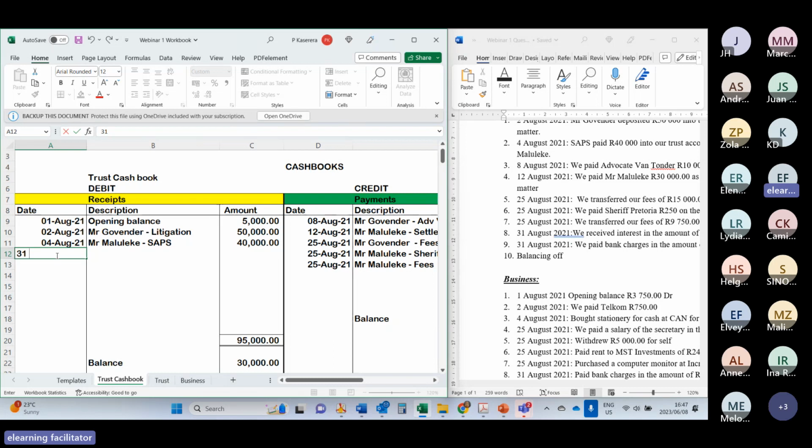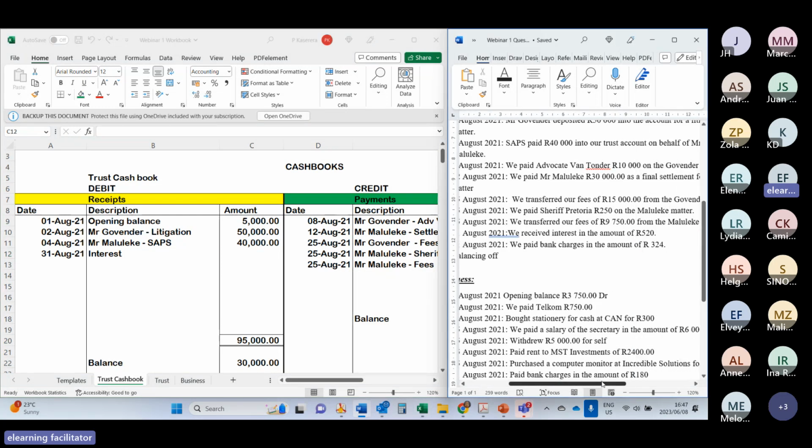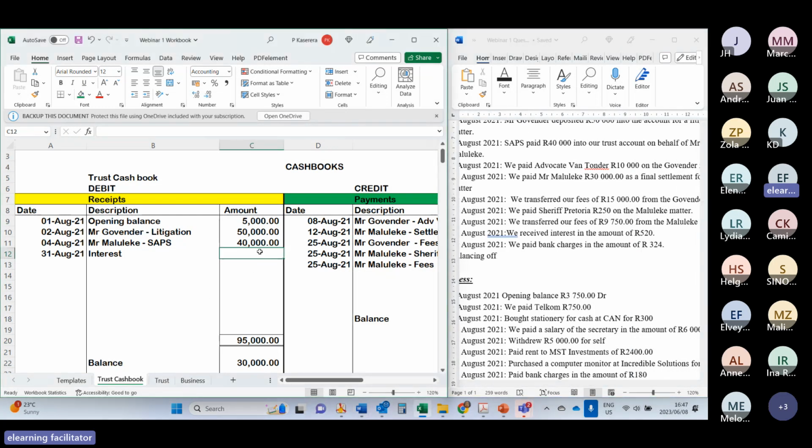So do not mix. Most students get confused and mix it up. This interest does not belong to the firm or to the practice. This interest, net of bank charges, is payable to the fund.